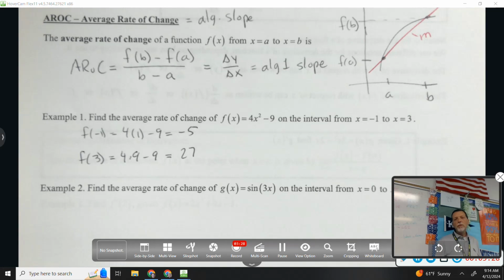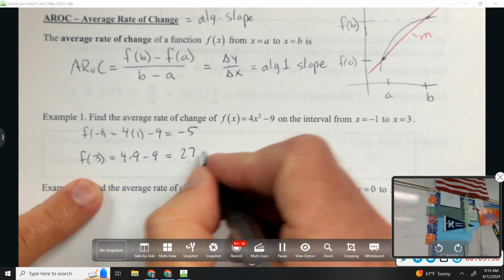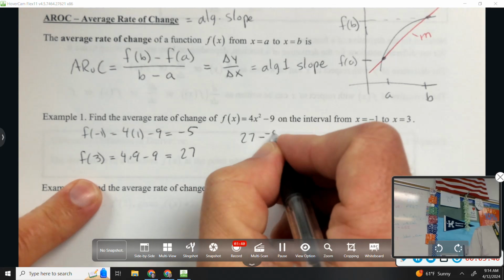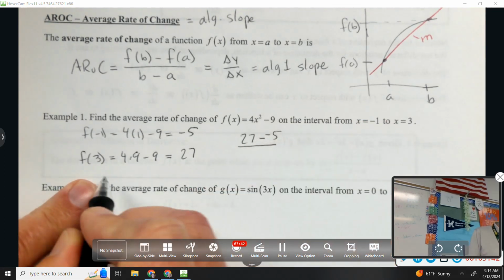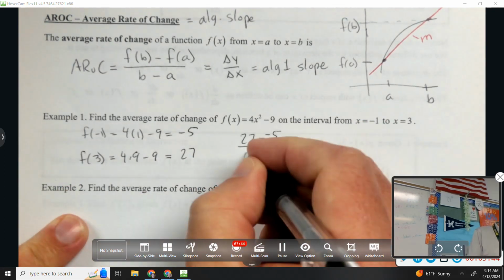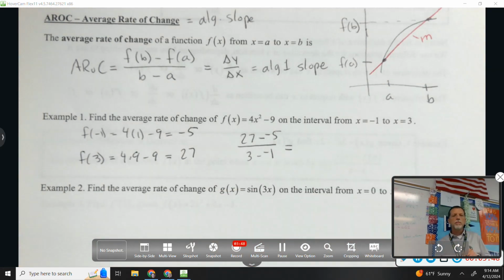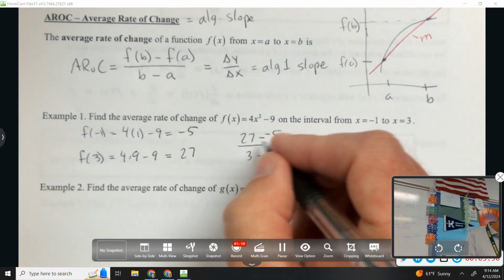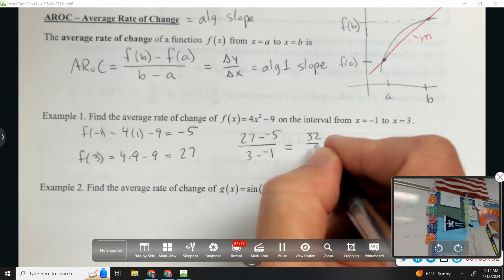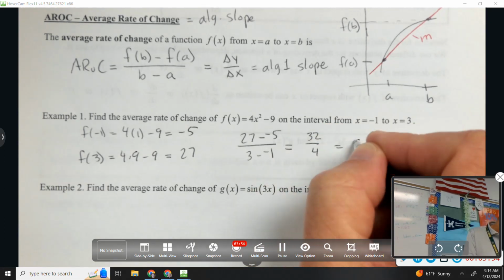And you probably remember from Algebra 1, it doesn't really matter which one you put first, as long as you put the same one first when you're doing y2 minus y1. So I'm going to do 27 minus -5, which means I need to do 3 minus -1. So let's see, that would be 32 over 4, also known as 8.